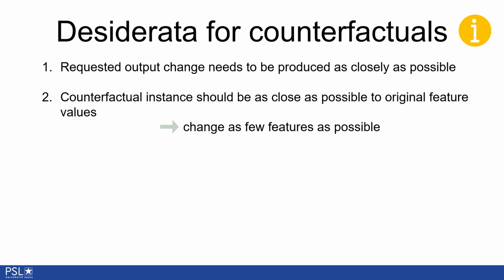The second property is that the generated counterfactual instance should be as close as possible to the original feature values. More specifically, to be actionable, counterfactuals should change as few features as possible in the original instance. This can be thought of as a form of sparsity in counterfactuals.